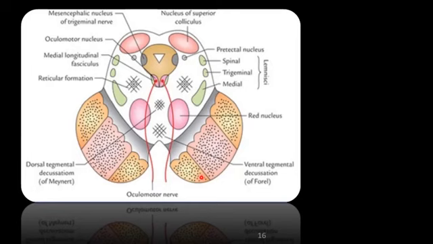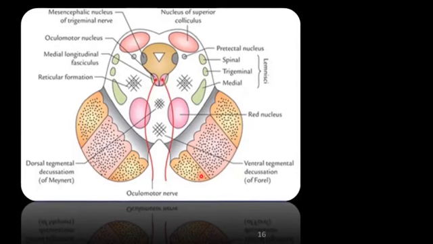We also have this other nuclei, the pretectal nucleus. This is the pretectal nucleus here, in front of the nucleus of superior colliculus. This nucleus receives afferents from the lateral root of the optic tract and will now pass it to the Edinger-Westphal nucleus.